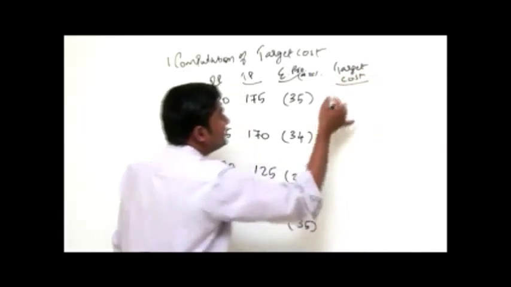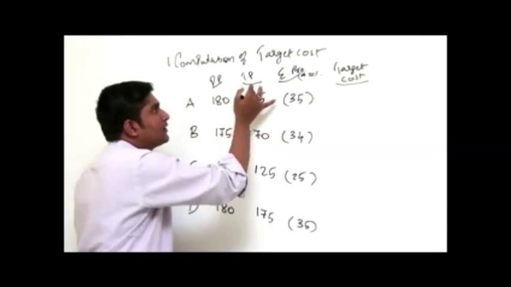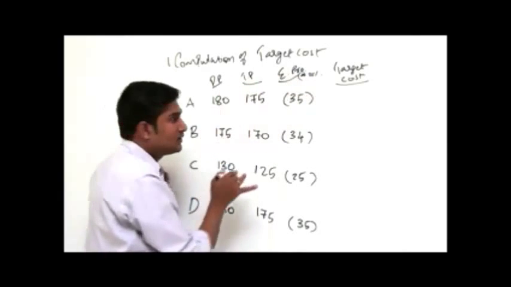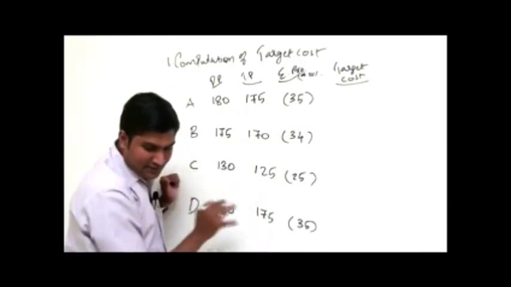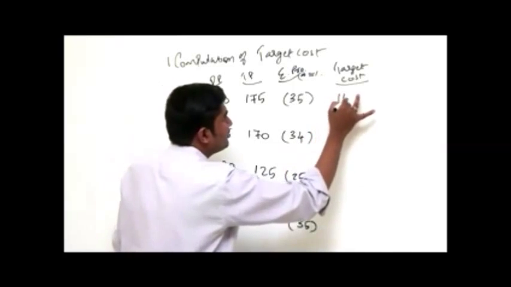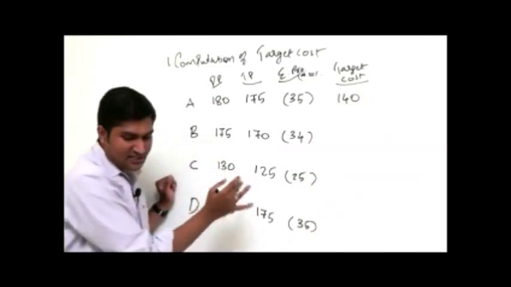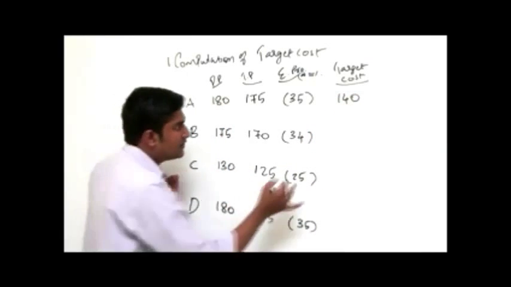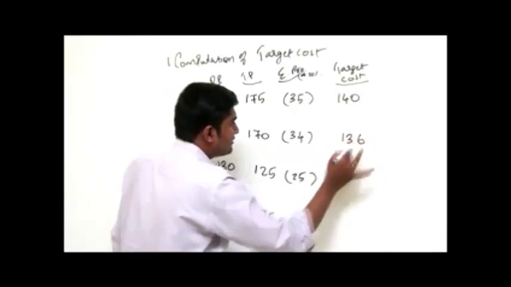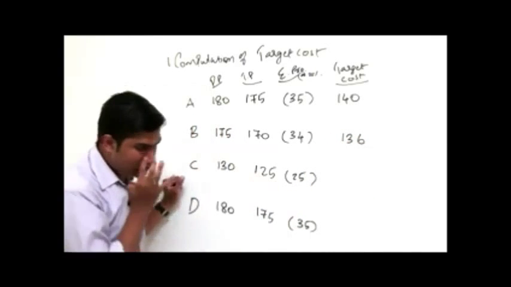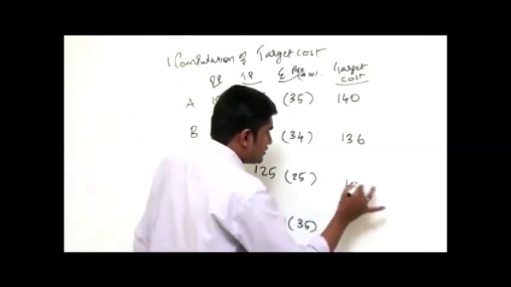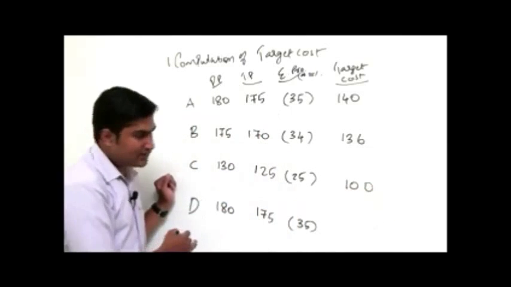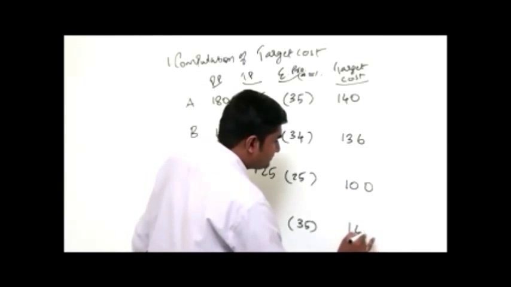As we mentioned earlier, target cost means price minus profit. So 175 minus 35, the target cost would be 140. 170 minus 34 would be 136. 125 minus 25 would be 100. 175 minus 35 would be 140.